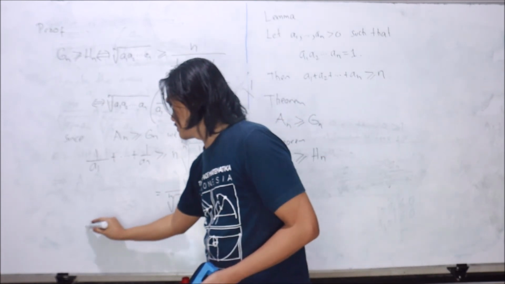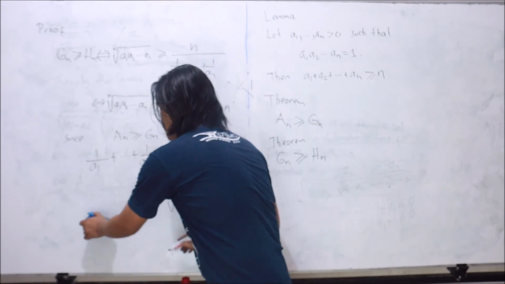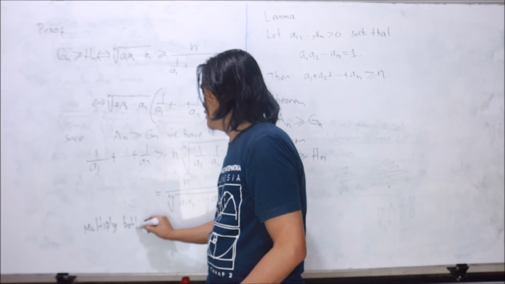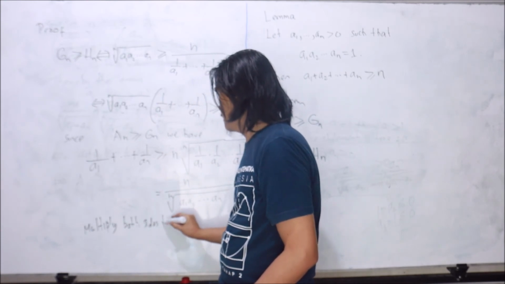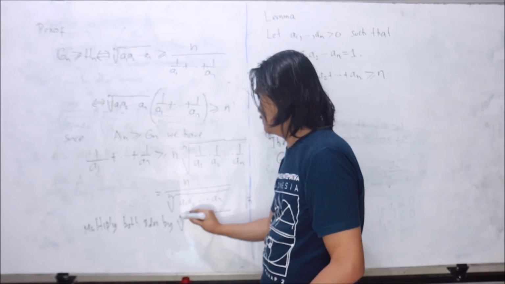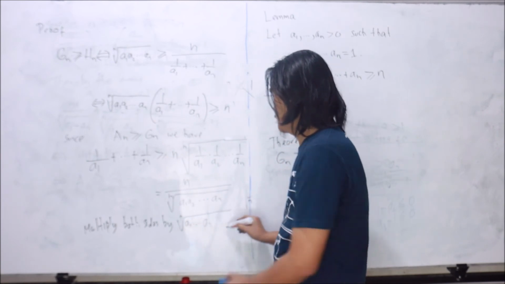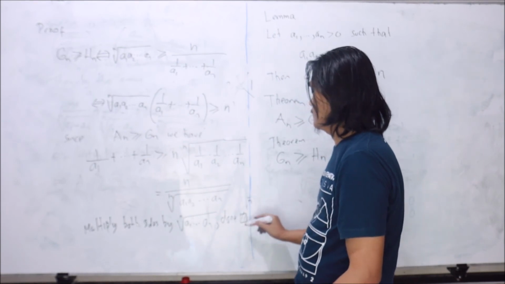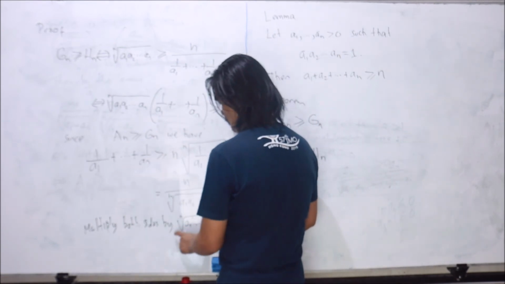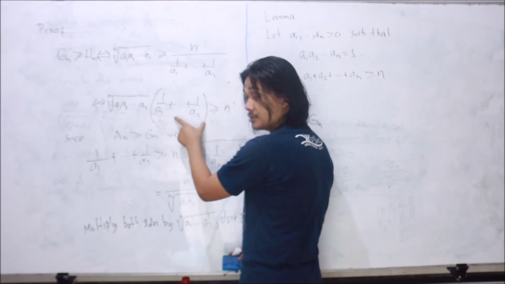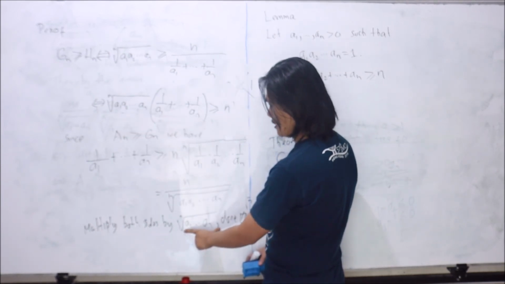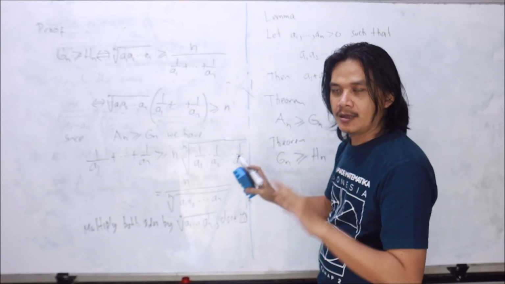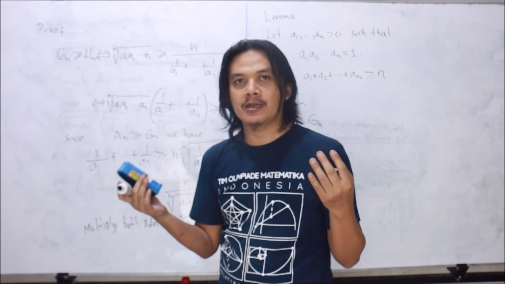So let's multiply both sides by this. Right? So if we multiply the left hand side with this guy, we exactly have this expression, and if we multiply the right hand side with this guy, we exactly have n. So that's all.